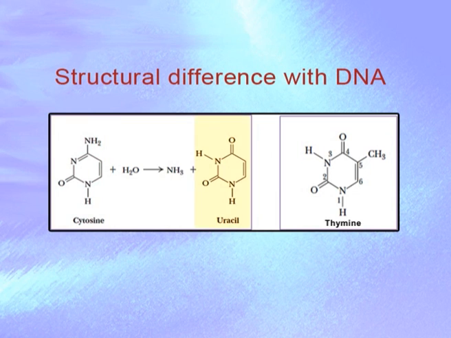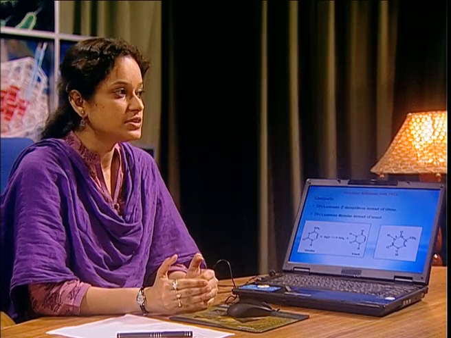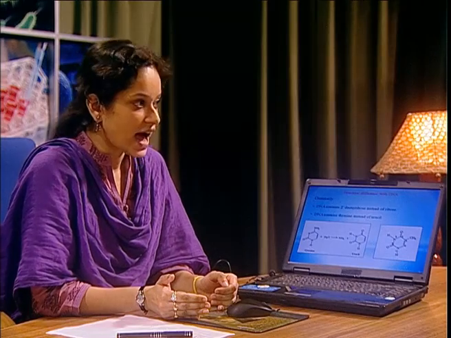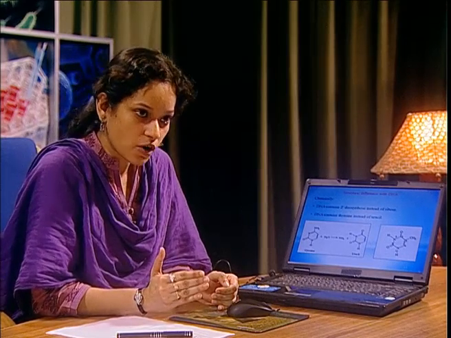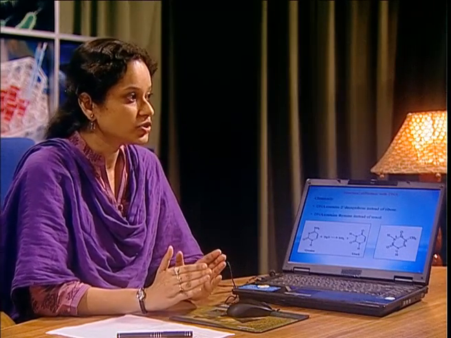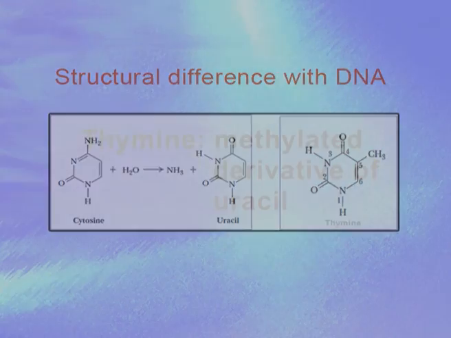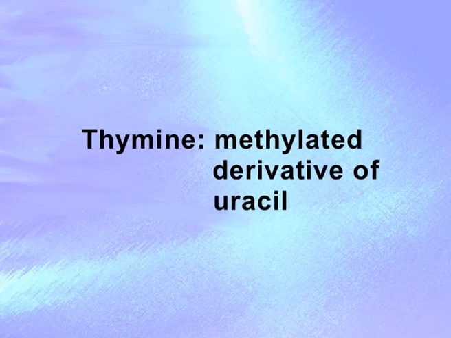Had DNA contained uracil, it would not have been able to distinguish the uracil generated from cytosine. As a result, mutation would have occurred. So, in order to distinguish between uracil generated from cytosine and uracil present as such on the DNA molecule, thymine is produced. So, what is thymine? Thymine is the methylated derivative of uracil.